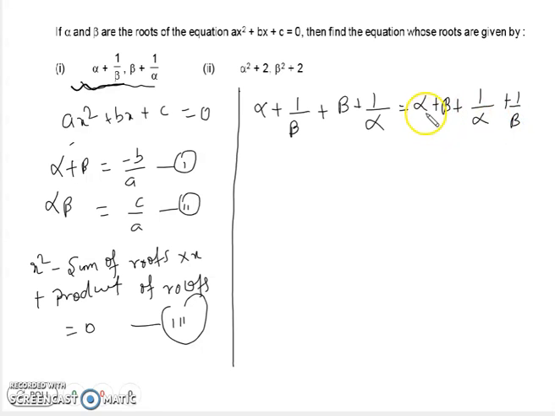And alpha plus beta equal to minus b by a from equation first, so you can write minus b by a, and after solving you can write alpha plus beta over alpha beta. So once again you can write minus b by a and plus, since alpha plus beta is equal to minus b by a, so plus sign becomes minus.